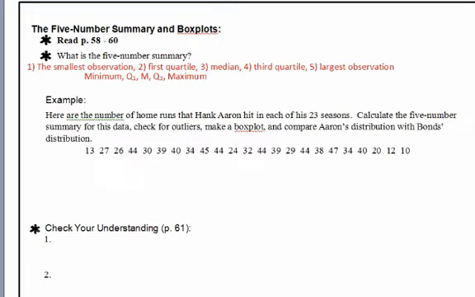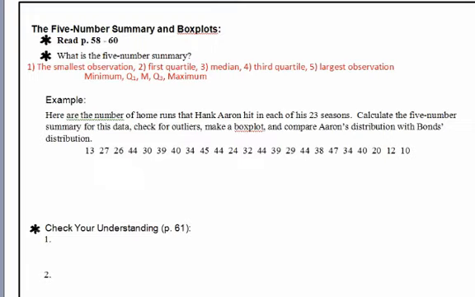Okay, once I put my data into ascending order, I found that the median is 34. The first quartile is the median of the first half of the data, which is 26. The third quartile is the median of the second half of the data, which is 44.